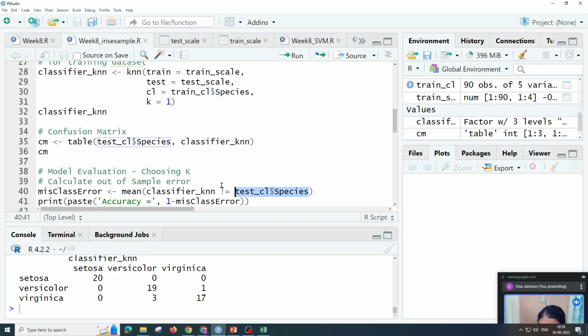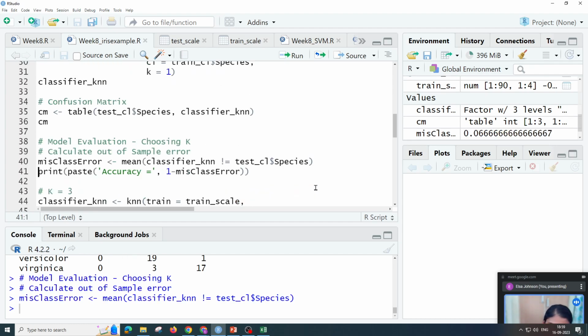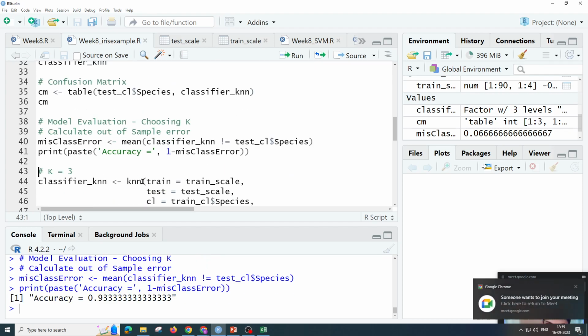We are seeing the instances where these two are not equal, and the mean of that is found. Then 1 minus that misclassification error will give you the accuracy. This is another method. So the accuracy comes to 0.933, that means 93.33%.